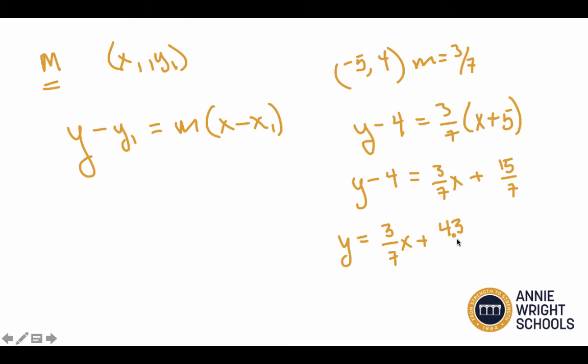What's that? 43/7. Good. The y-intercept of the line is 43/7. The slope is 3/7. That's going to make it easier to graph. Not nice numbers, but easier to graph. This is a great place to use your graphing calculator. If you want to just see the equation of the line, because sometimes it's hard to find 43/7 on a grid you draw by hand.